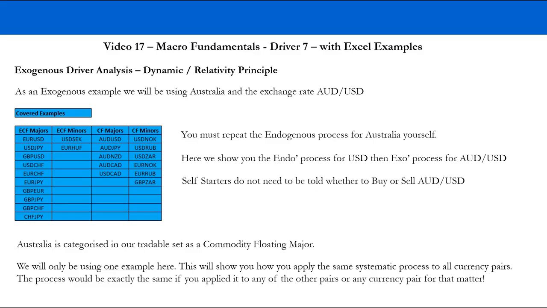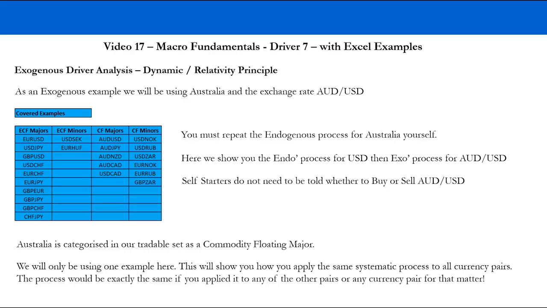So go through the whole process that we went through with the US dollar and scorecard Australia itself, applying all the same drivers, and you'll be able to get the data no problem. And this is one of the reasons why we're using Australia as an example, because it's quite straightforward for you to go out there and practice applying the endogenous process yourself to Australia. All the data is available out there. You just need to go and get it.